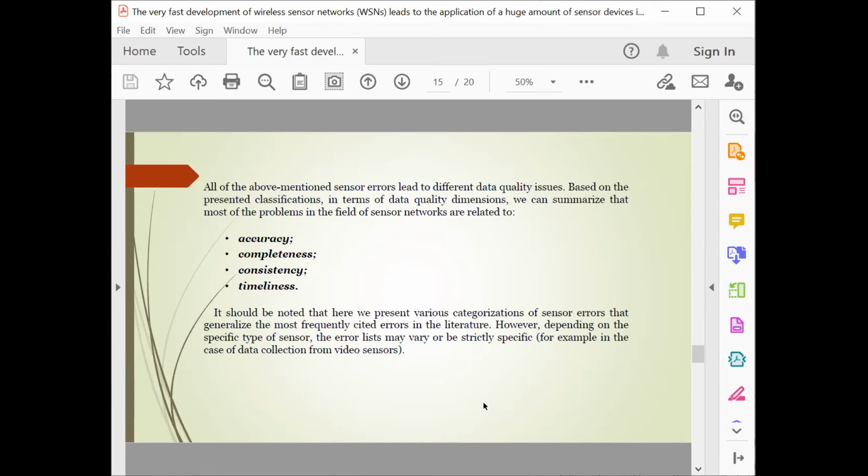However, depending on different types of sensors, we now see that many new devices arise every day. The classification could be more strictly provided in case of specific sensors.